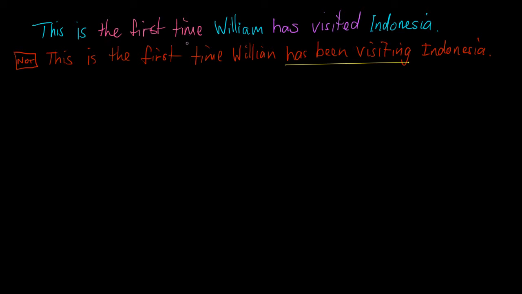Whenever you use expressions like the first time, the second time, the third time, the fourth time, and so on forever, you would need to use the present perfect simple. So because we have used the first time here, it means that we cannot use the present perfect continuous. So it's this particular expression, and of course it could have been the second time, the third time, the fourth time, and so on. So present perfect simple must be used with this.